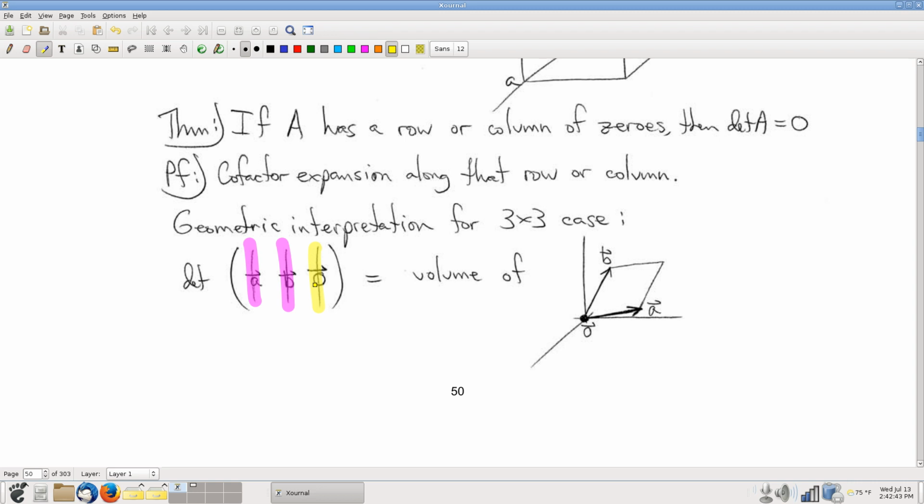This determinant relates to a volume, the volume you get when you take the 3 columns, with that third column being the 0 vector. These 3 vectors together make a flat parallelepiped. It doesn't have any volume. The volume is 0. So it's very natural to think of why the determinant ought to be 0.